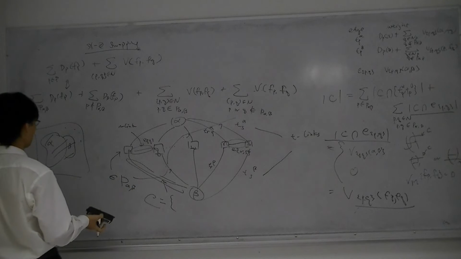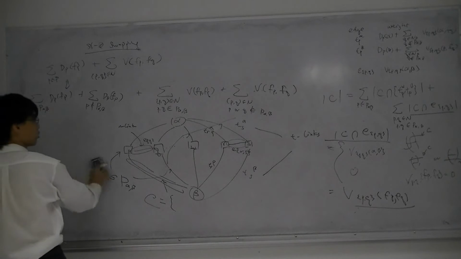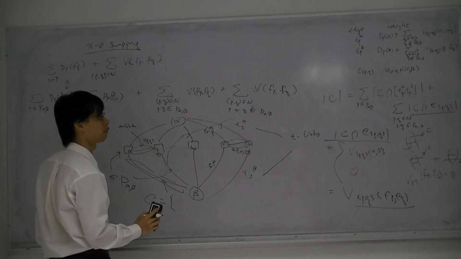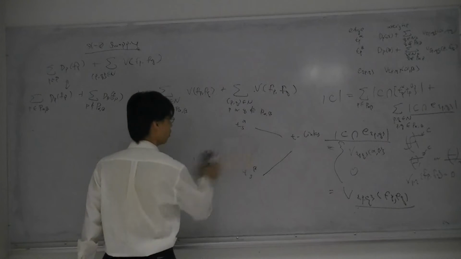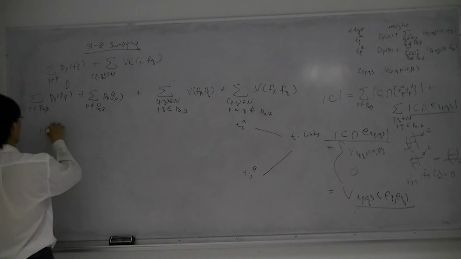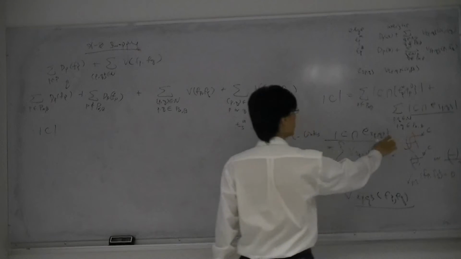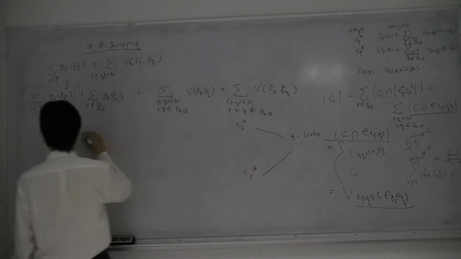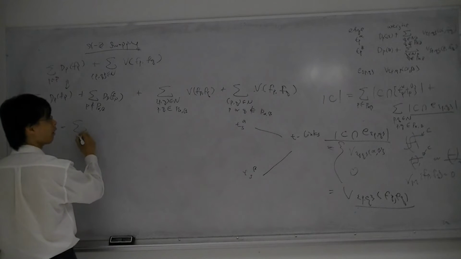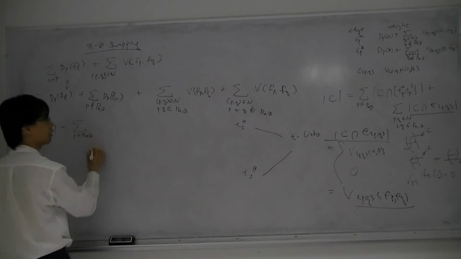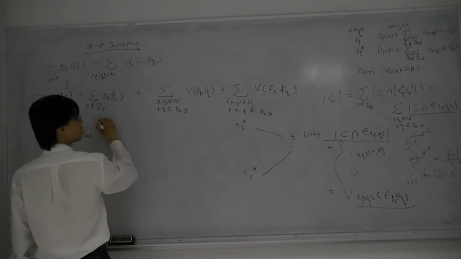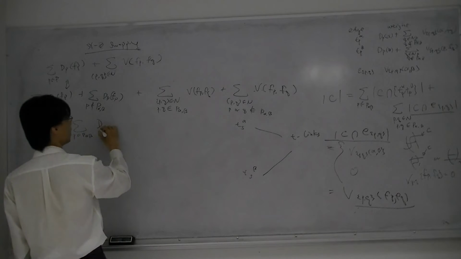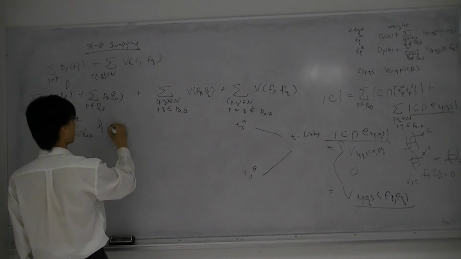I don't think this helps too much now, so I can just erase it. So I should have this C, continuing from here, equal to the sum over P in P_alpha_beta of this term here, D_P(f_P).